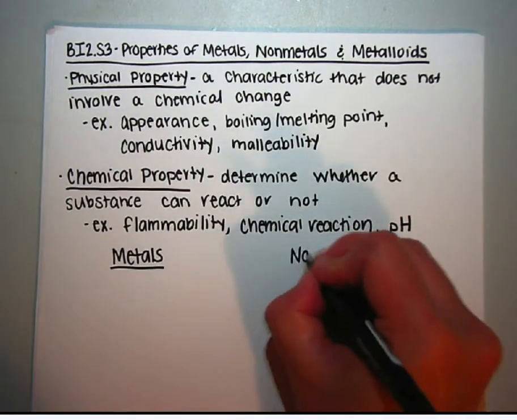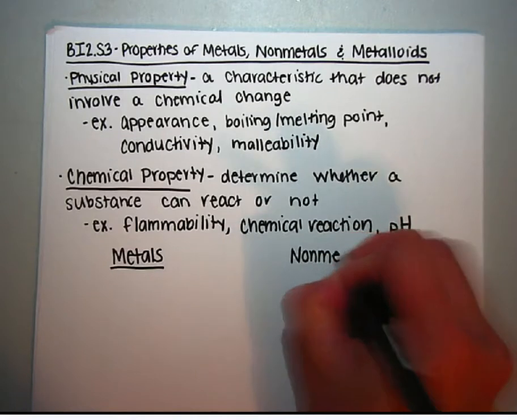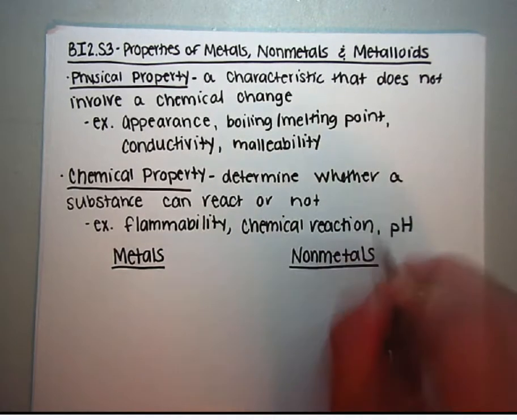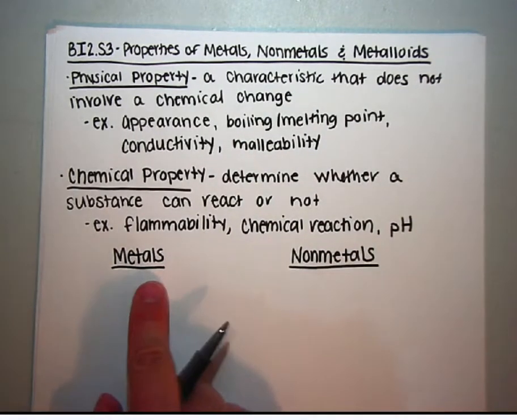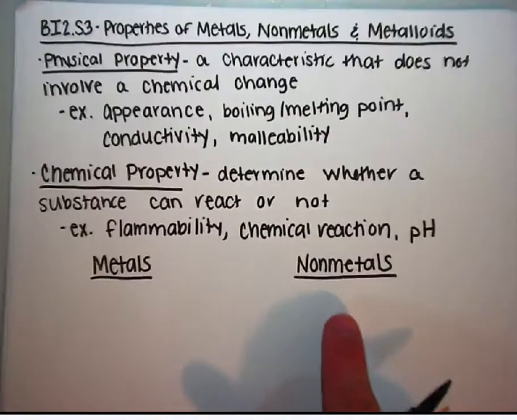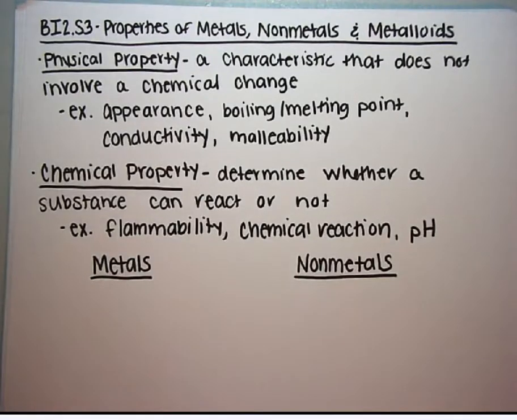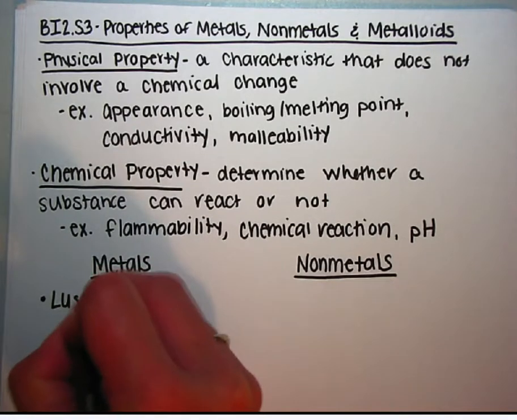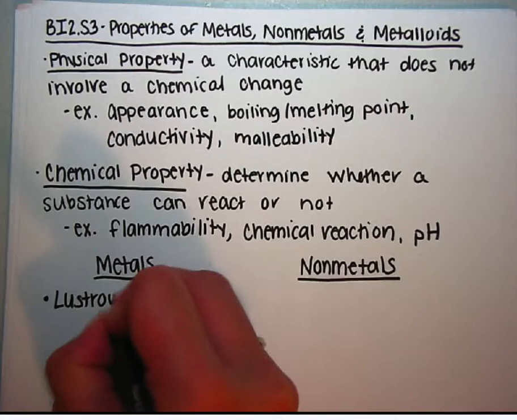The nice thing about these properties is all you have to do is learn the properties for metals. Non means like not. The nonmetals are going to have all of the opposite properties. So we say that metals are lustrous, or they have luster.